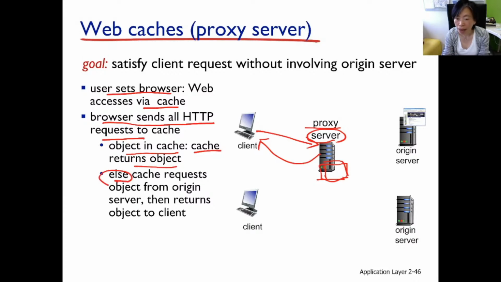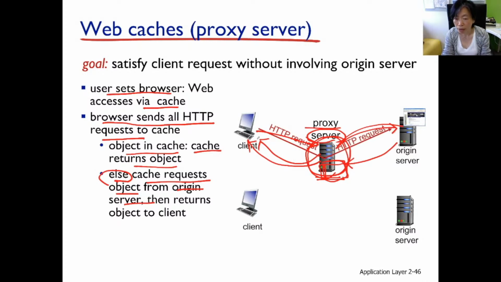Otherwise, the web cache here would request from the server a copy of the object. So in this request, the proxy server is behaving like a client of the original server. Okay. And after the object is downloaded here, the proxy server then sends the object back to the requester.